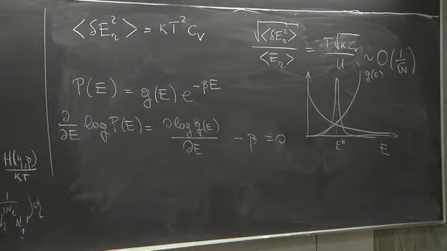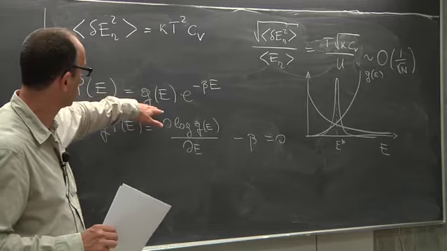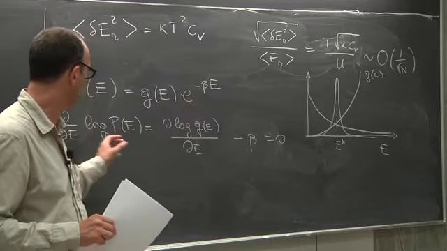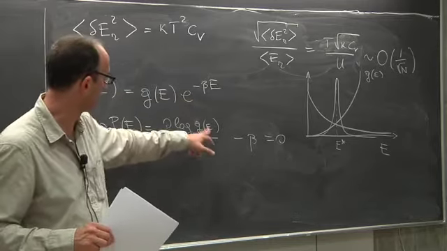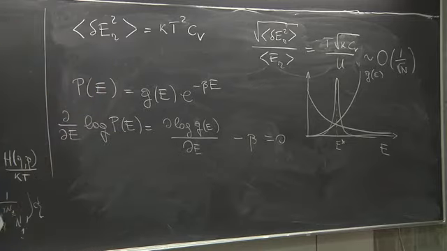So this is the equation I have to solve, right? The log of this is the log of G minus beta E, so the derivative is the derivative of log of G(E) with respect to E minus beta.